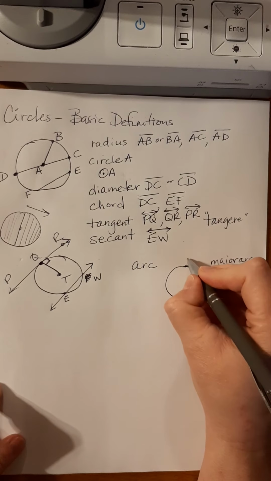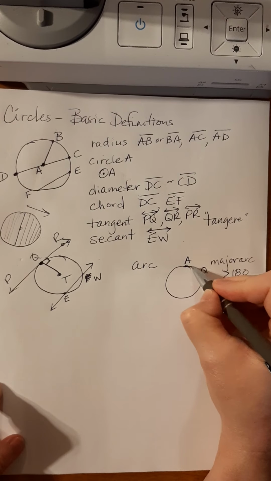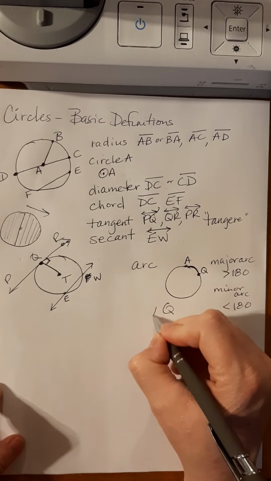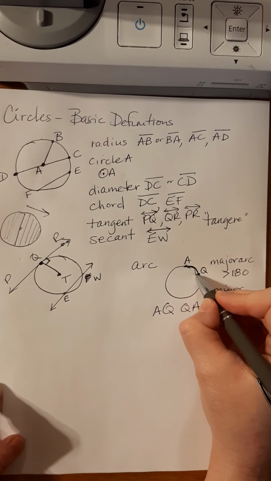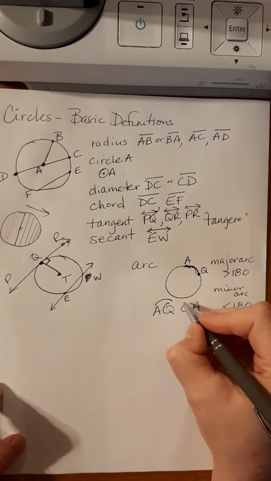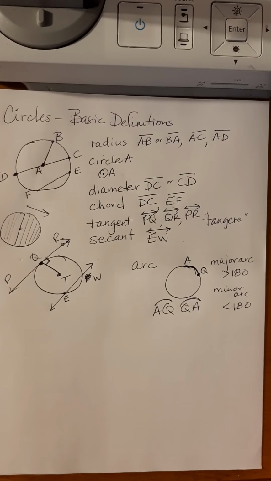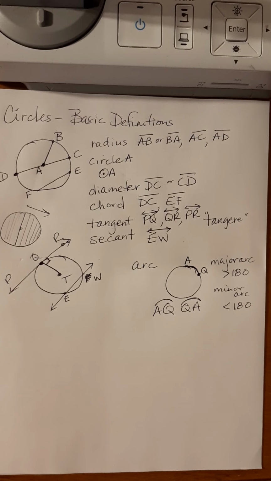But if we're just labeling today, this part of the circle, the way you write it, it's still 2 letters. Doesn't matter if it's AQ or QA, but you put the arc symbol over it, which literally looks like an arc. And like I said, we'll get into more of major and minor arcs when we do central arcs in a couple lessons down the road. But as far as basic definitions, there you go, and hope it was of help to you.